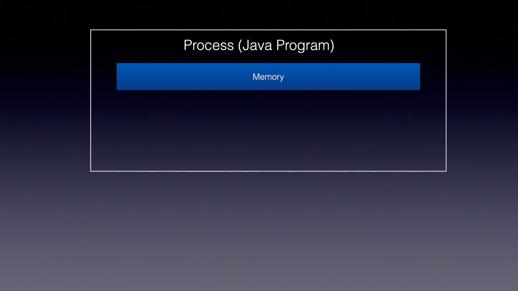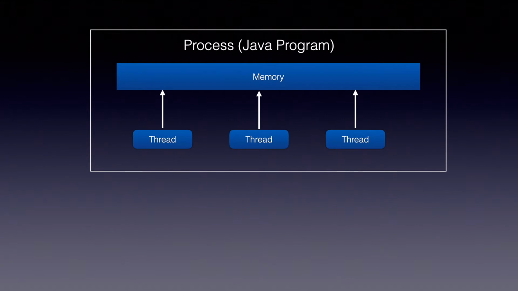And it's not specific to a Java program. Any process that runs on the operating system will have a memory. Now let's say this program has multiple threads in it. All the threads will be using this memory that is reserved for the process.